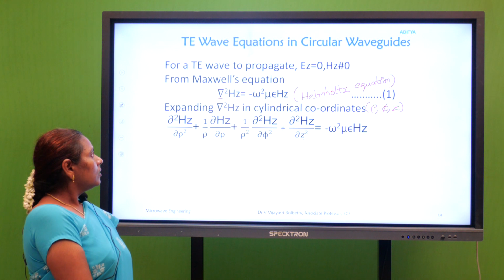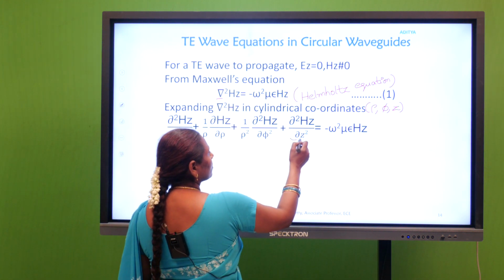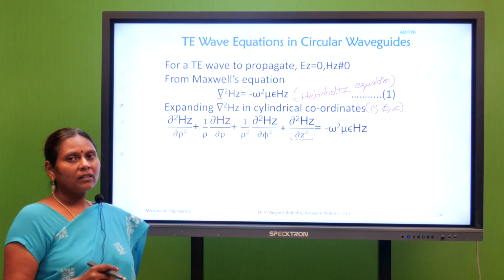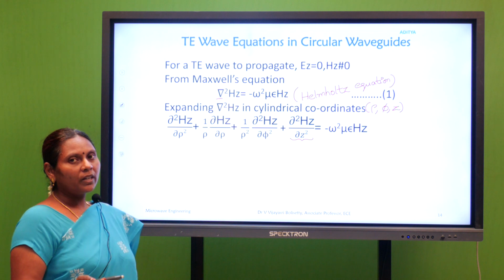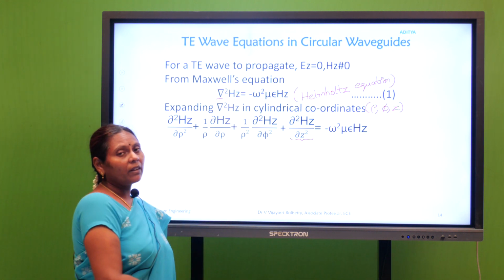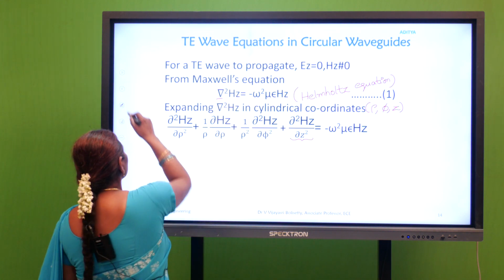Anyhow, this term dou square by dou z square, we considered as an operator gamma in the rectangular coordinate system. Here also we consider dou square by dou z square as gamma square.